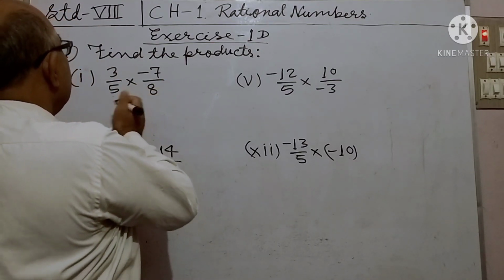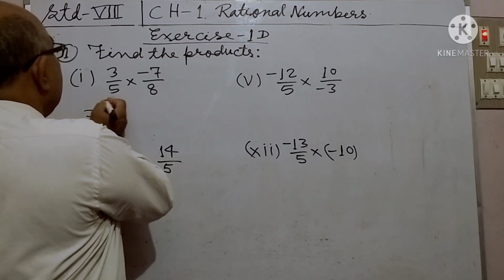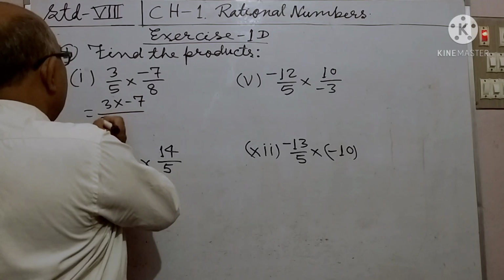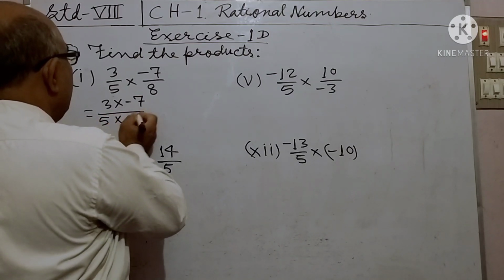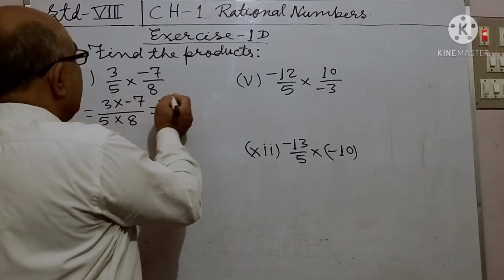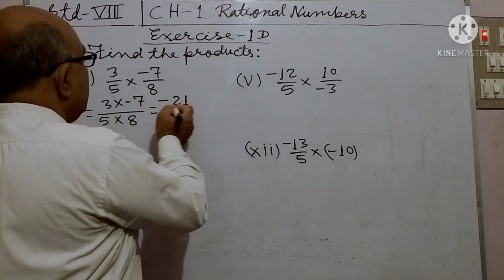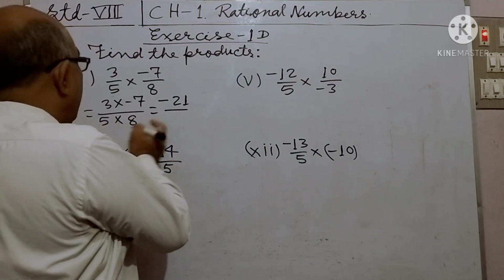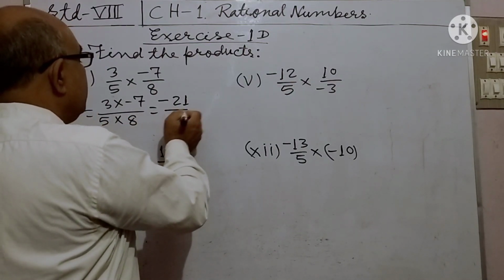No cancelling. So write 3 into minus 7 by 5 into 8. Plus into minus, minus. 7 threes are 21, and plus into plus, plus. 5 eights are 40.